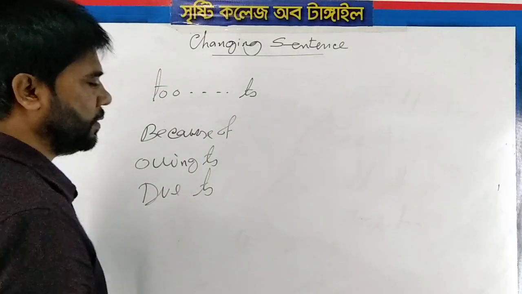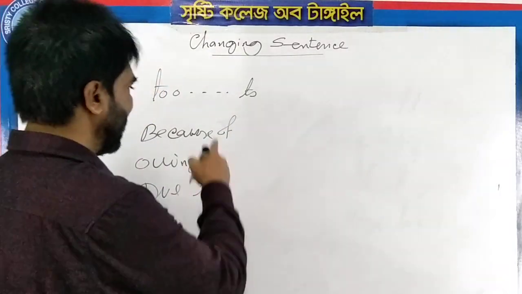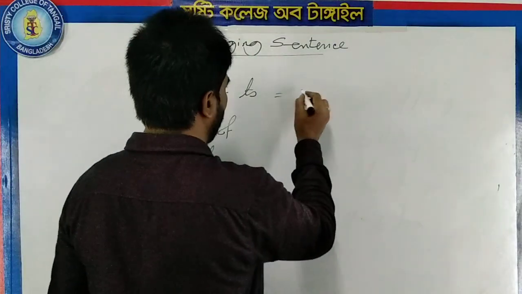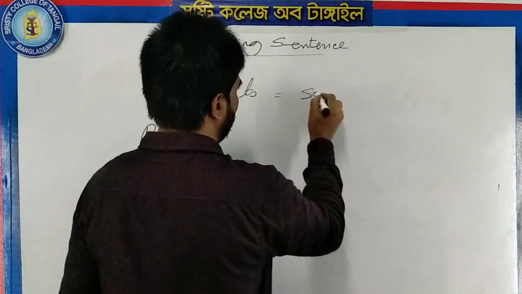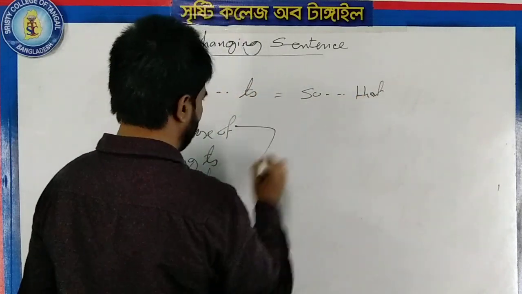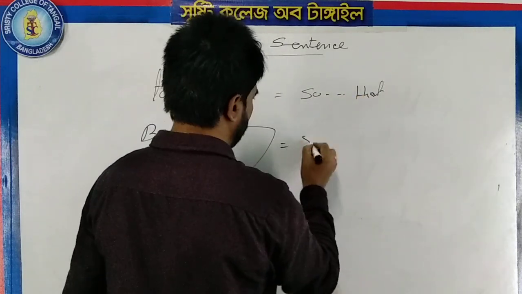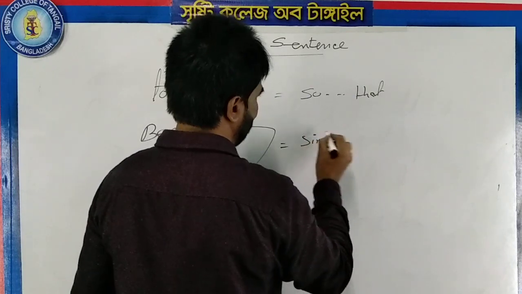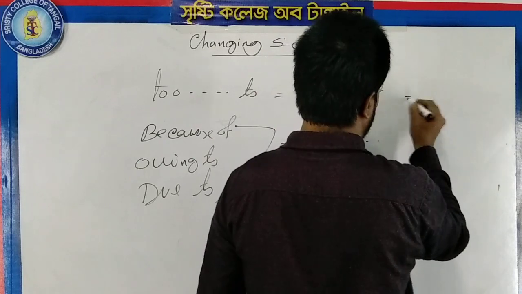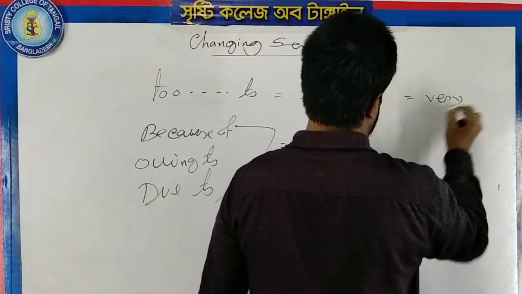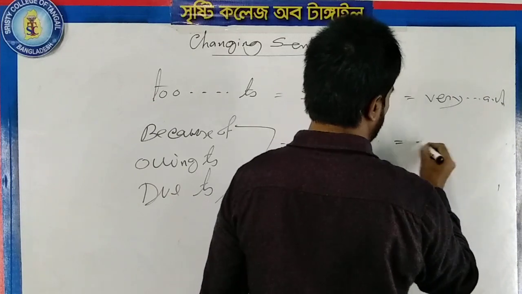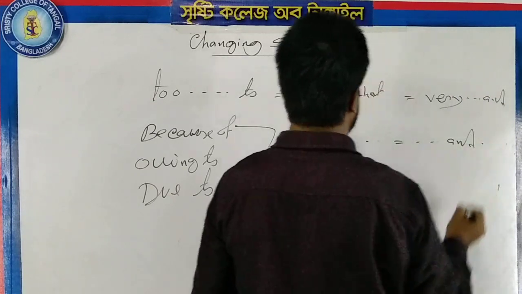These are used in simple sentences, and at the place of these, for complex we use so, that, and since, and for compound we use very and and.